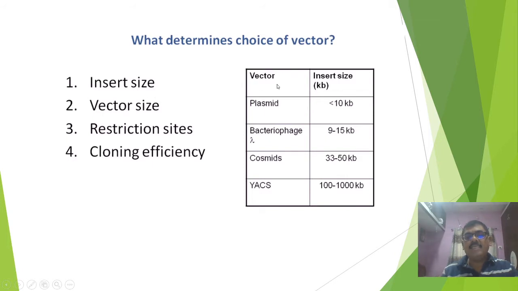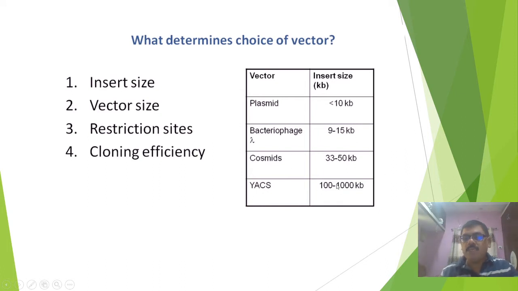If your insert size is less than 10 kb, you can use the plasmid. If your insert size is 9 to 15 kb or up to 20 kb, you can use the bacteriophage. If your desired gene or DNA is 33 to 50 kb in size, then cosmids can be used.